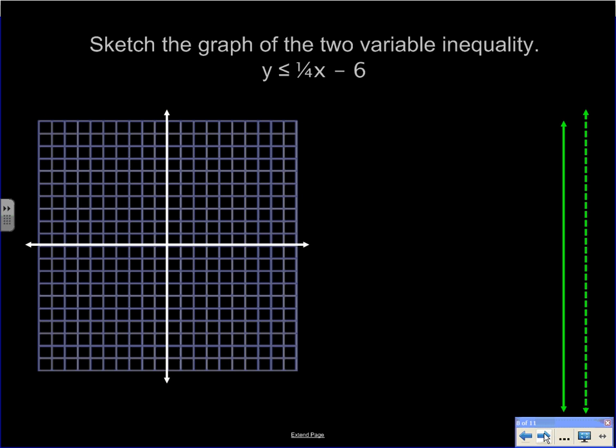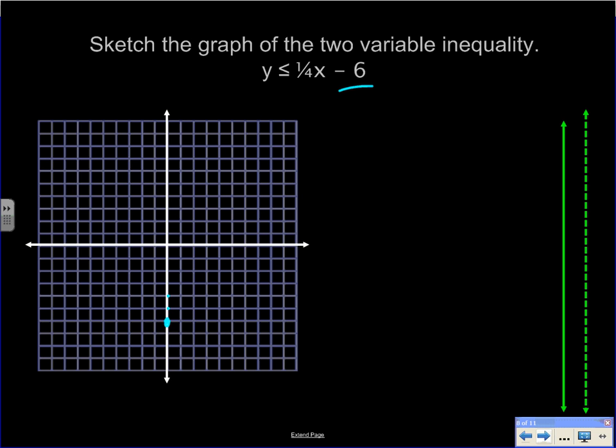One more here. Go ahead and graph this and figure it out. Pause the video. You can check your graph after you're done. All right, I'm graphing. Here's the y-intercept at negative 6: 1, 2, 3, 4, 5, 6.